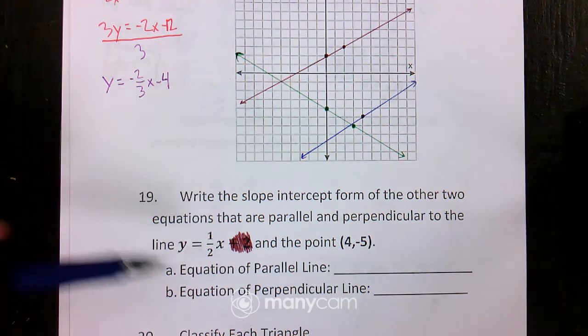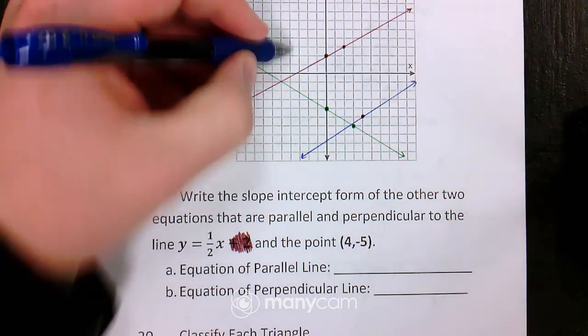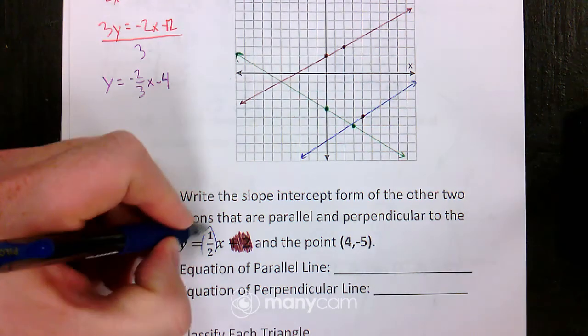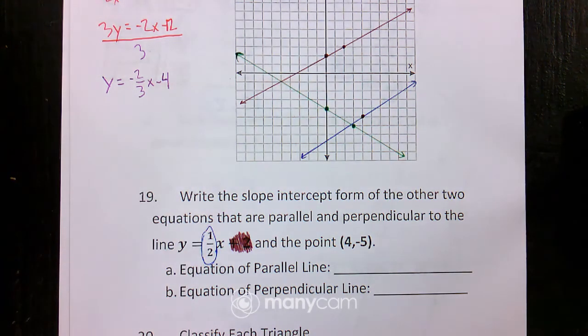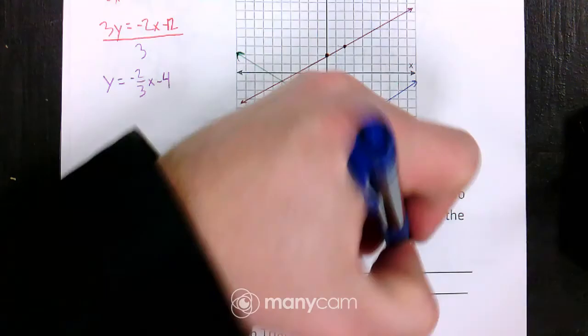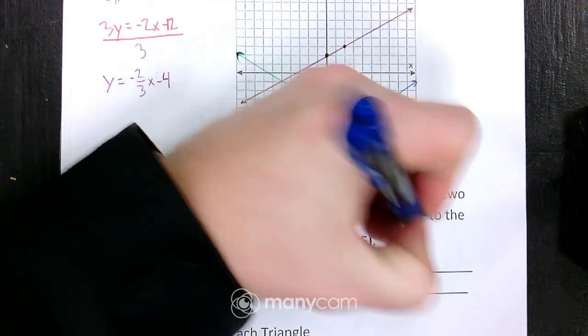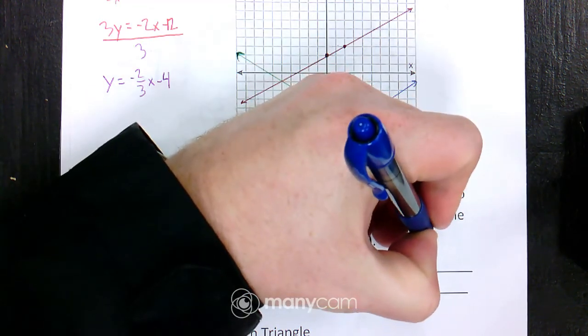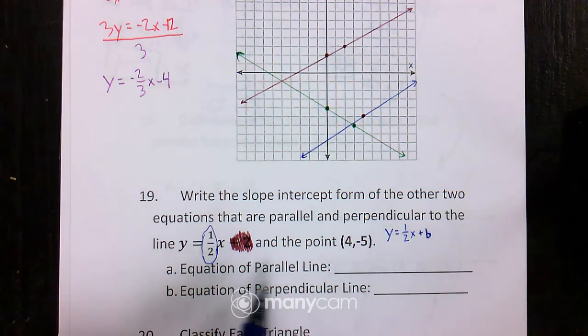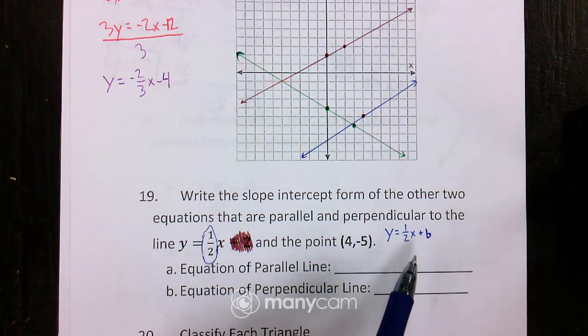The only piece of information I need from this line is the slope, because parallel lines have the same slope. So I know that this other mystery line is y equals 1/2 x plus b. But that's not an equation of a line yet, because an equation of a line has the b.